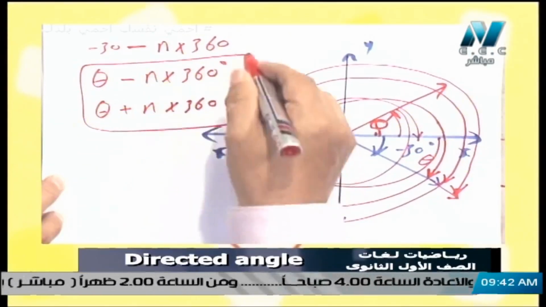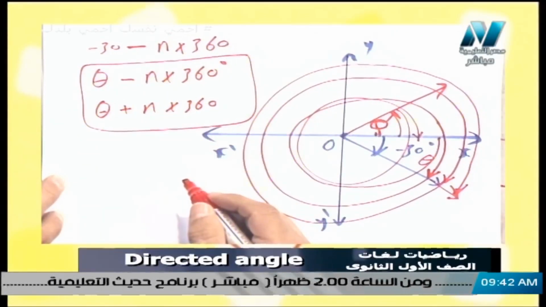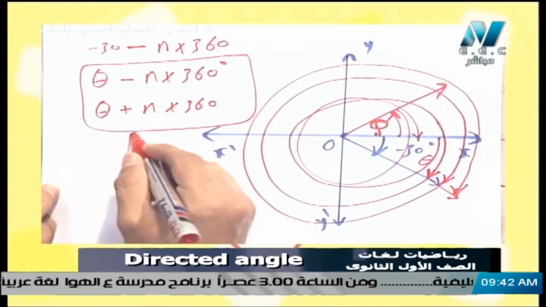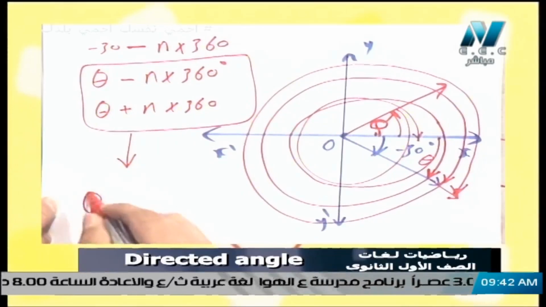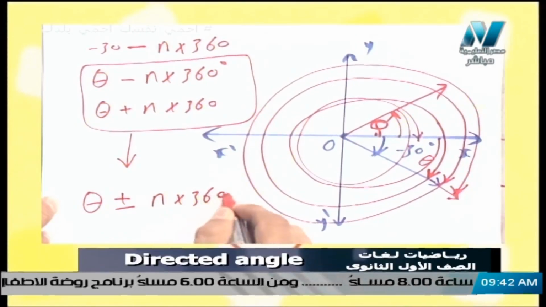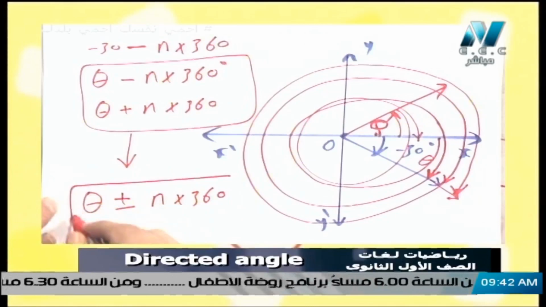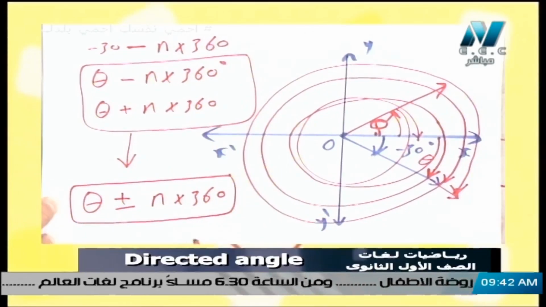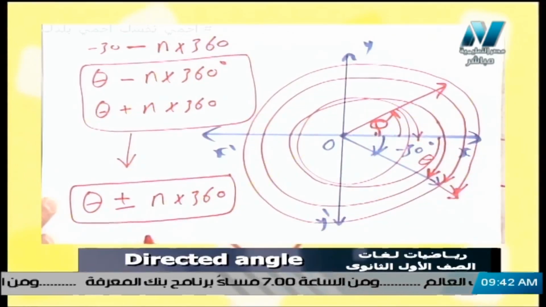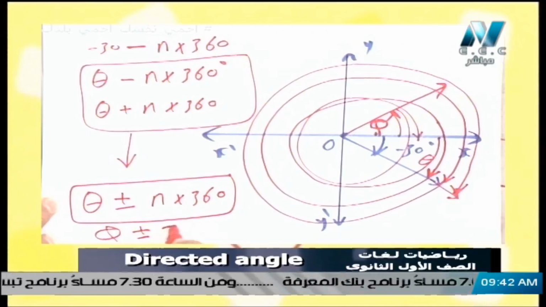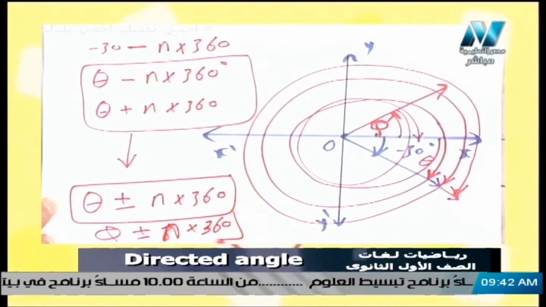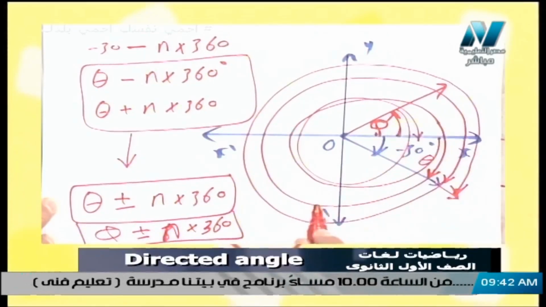These are all the angles which are equivalent to the angle theta, and we can write it as theta plus or minus n times 360, okay, and all these angles are equivalent to the angle theta, or the phi angle here, it will be phi plus or minus n times 360 if we talk about this angle phi.